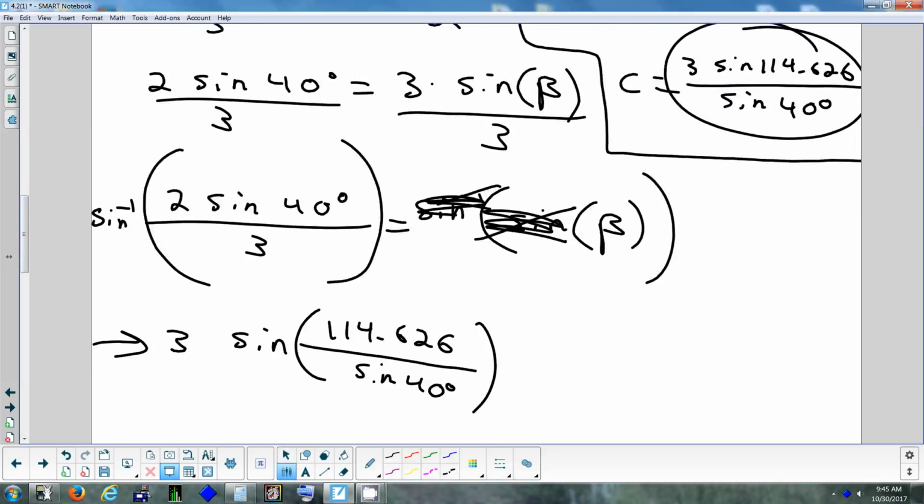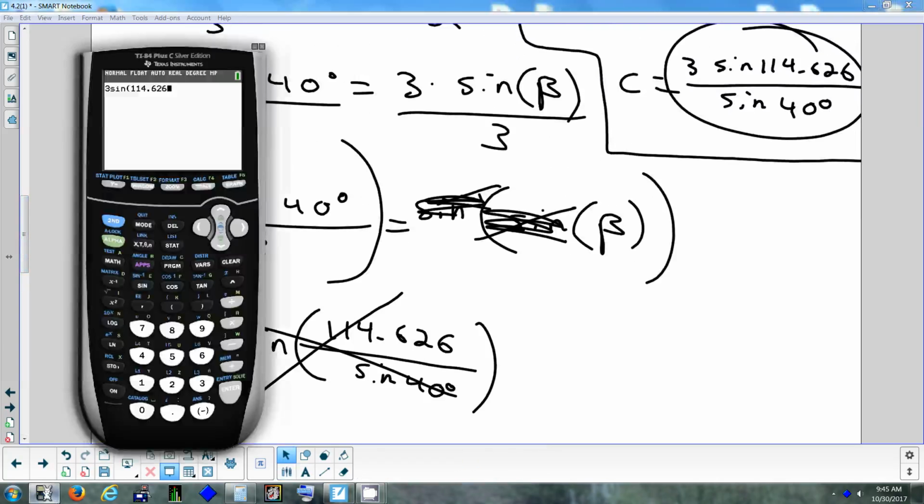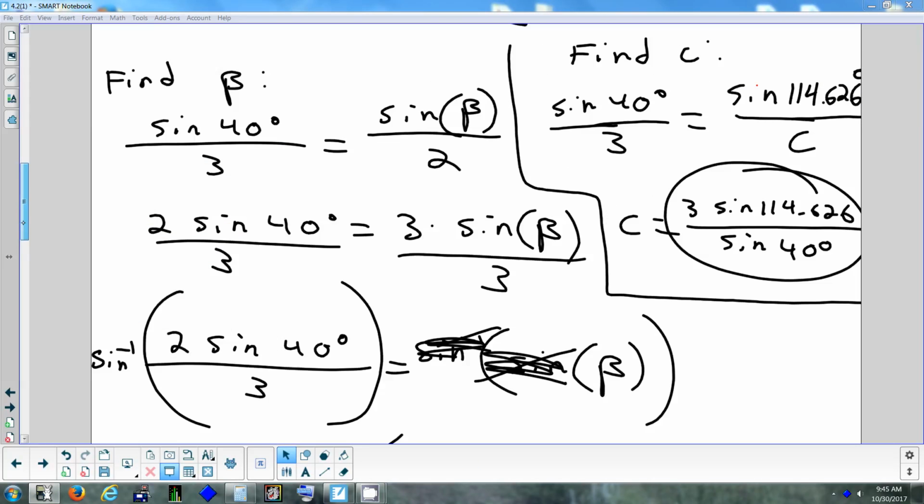And that's not quite what you want to type in. Okay? So just make sure you close it. So that sine is done. And now you're starting the new sine, 40. And that one, it doesn't matter if you close it because it's at the end. Okay, we get 4.243.